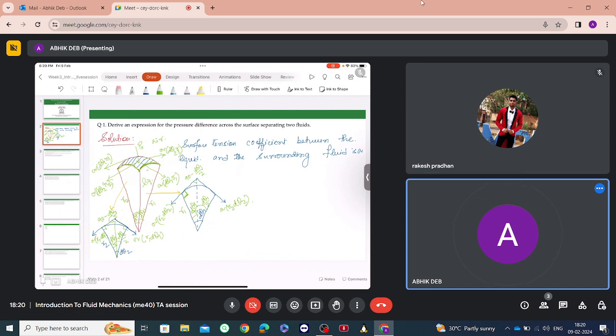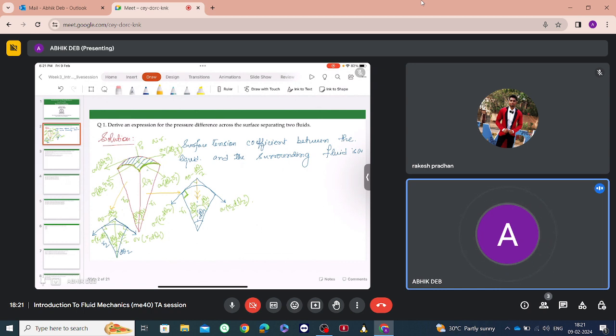Now, if we see the forces, and we try to balance the force in the vertical direction, then see a component of this sigma r2 d theta 2, that is sigma r2 d theta 2 cos of 90 minus d theta 1 by 2 will be acting in the vertical direction, something like this, of both these forces.